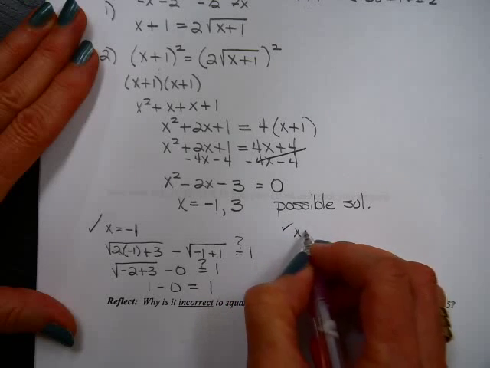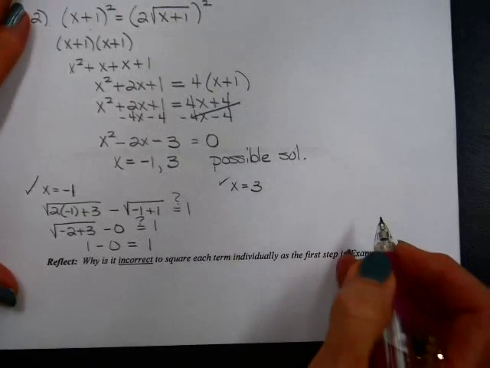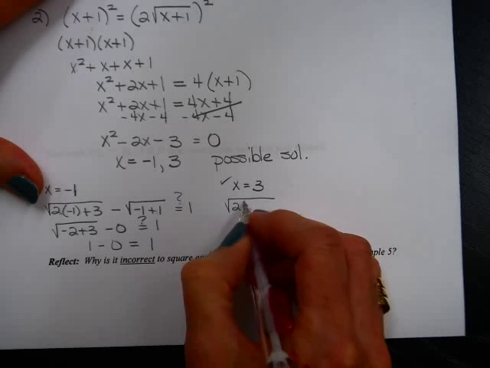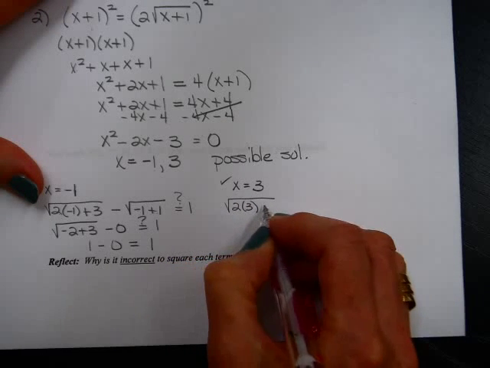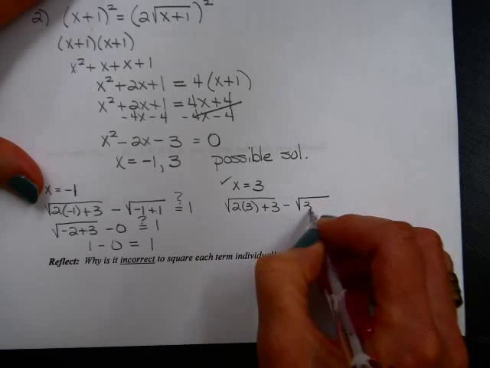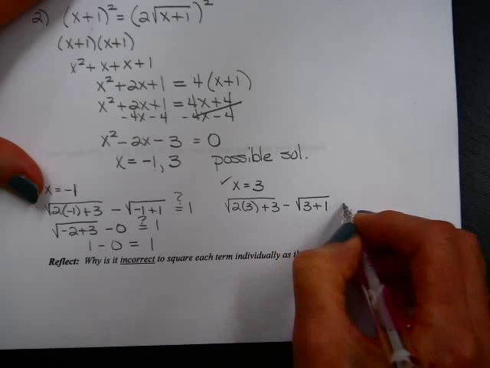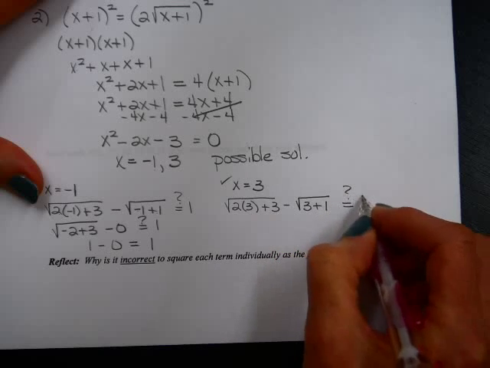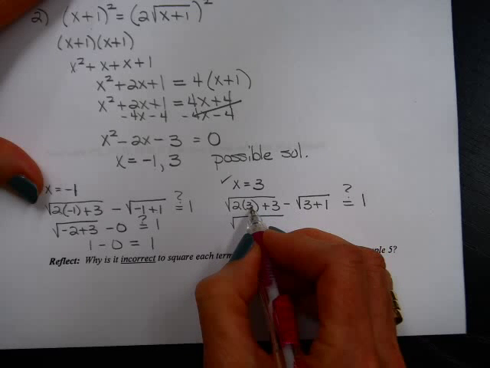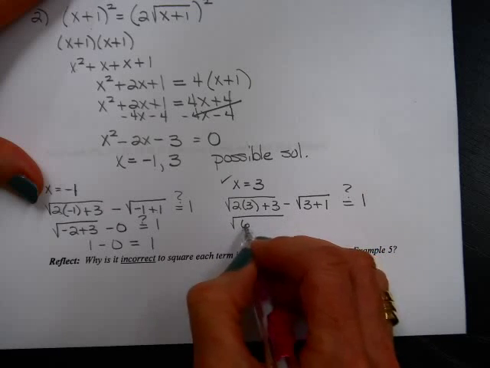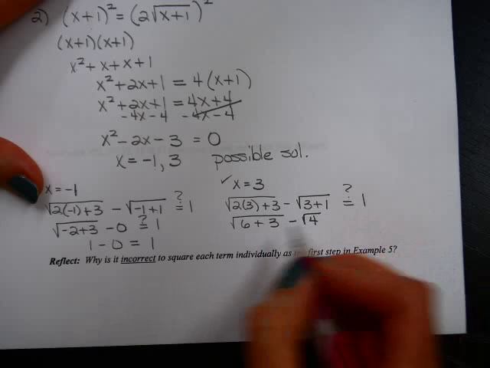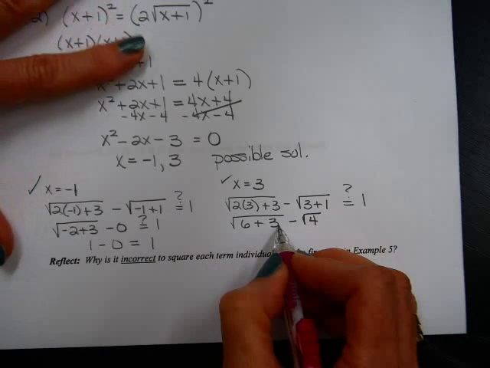So now we need to check x is equal to 3. In your original equation, the square root of 2 times 3 plus 3 minus the square root of 3 plus 1, I need to know if that is equal to 1. 2 times 3 is 6 plus 3 minus the square root of 4. 6 plus 3 is 9.